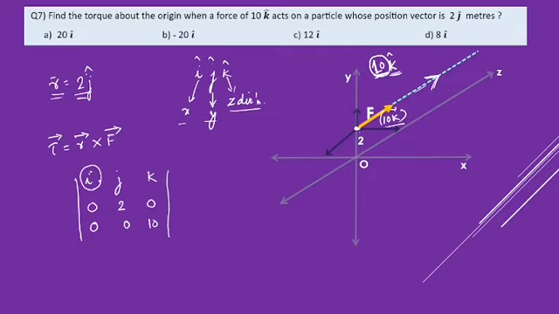We take i common, then 2 into 10 minus 0. 2 into 10 is 20, minus 0, so it remains 20i. For j, we need 0 into 10 minus 0 into 0. 0 into 10 is 0, and 0 into 0 is also 0, so 0 minus 0 becomes 0. What about the k part? 0 into 0 minus 0 into 2, which is again 0.